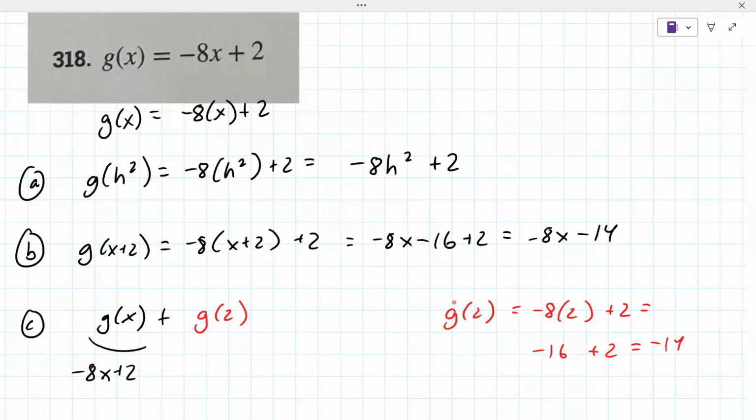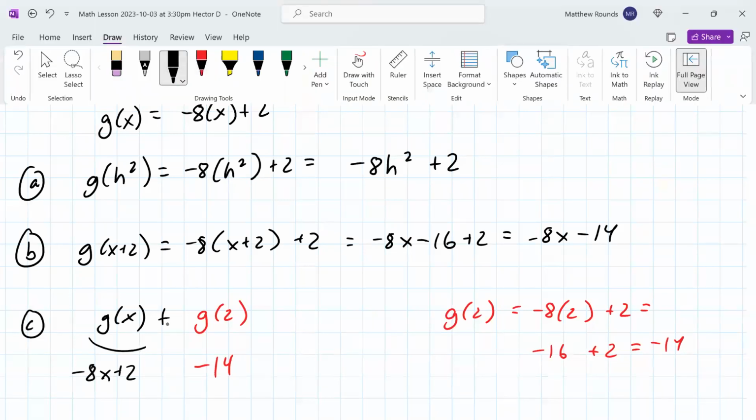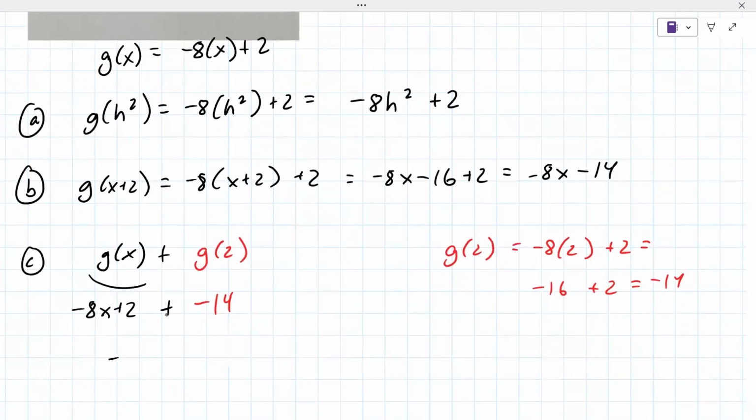So that part is minus 14. You're adding it to the other, so it becomes minus 8x minus 12, like that.